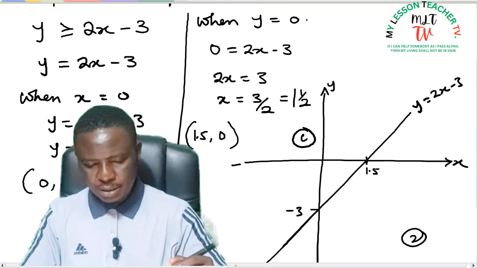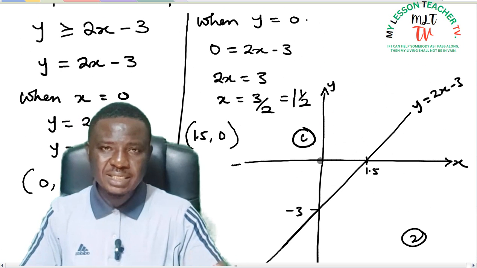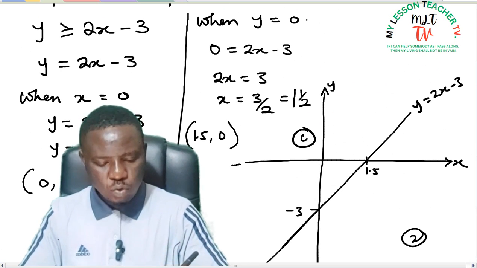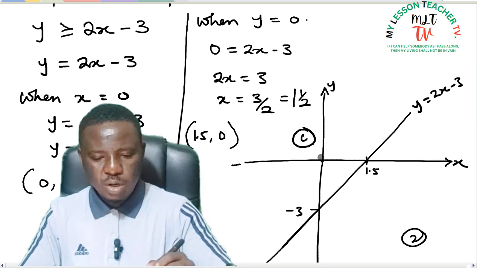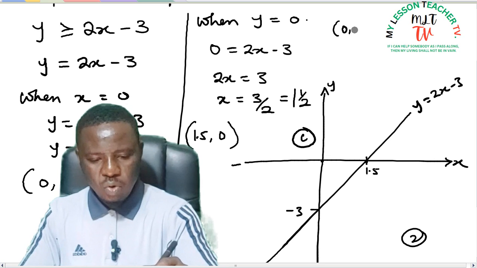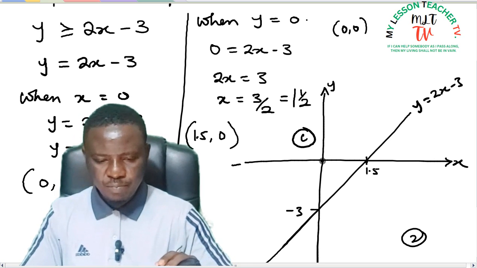Now, how do we determine? We can pick any point on region 1 and test. It is most advisable to pick the point 0, 0, that is where x is 0 and y is 0, which is said to be the origin.